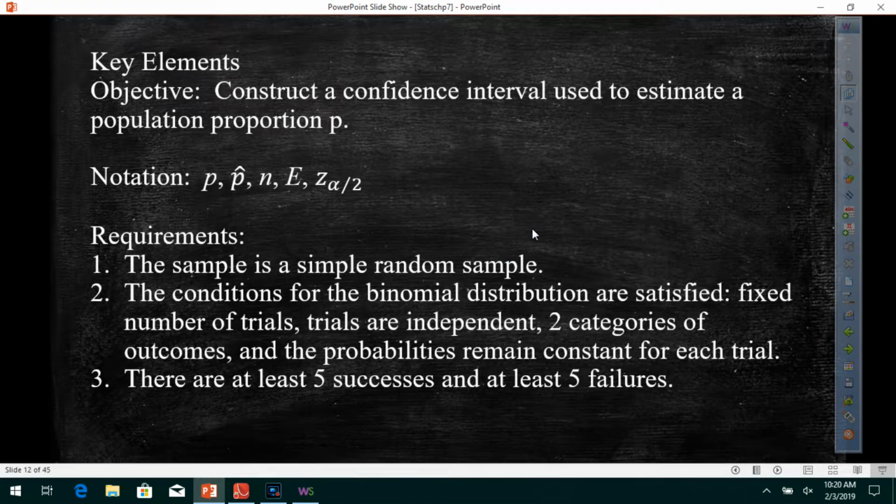Key elements. Objective: construct a confidence interval used to estimate a population proportion p.